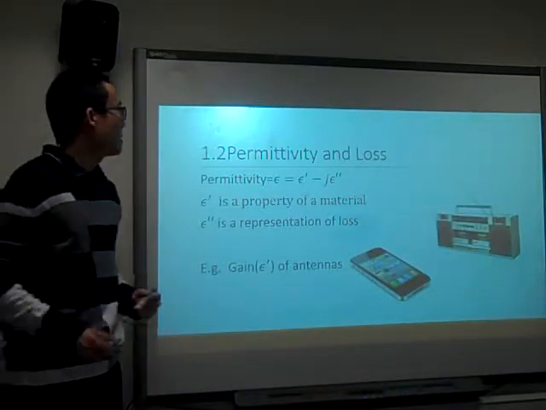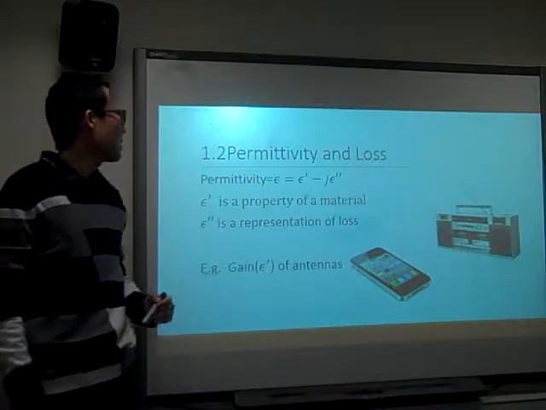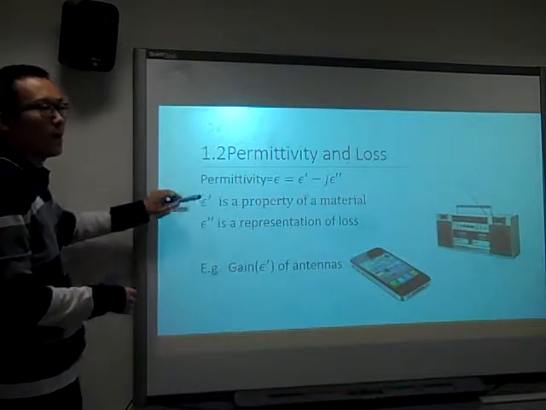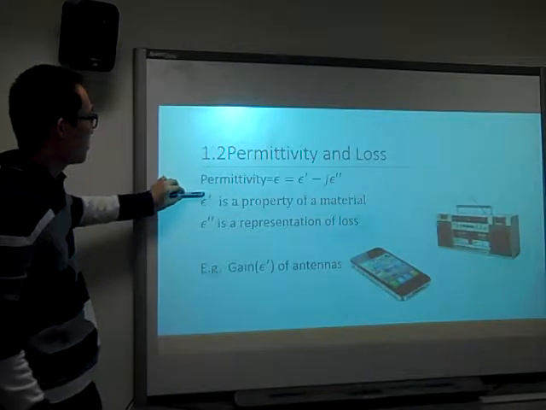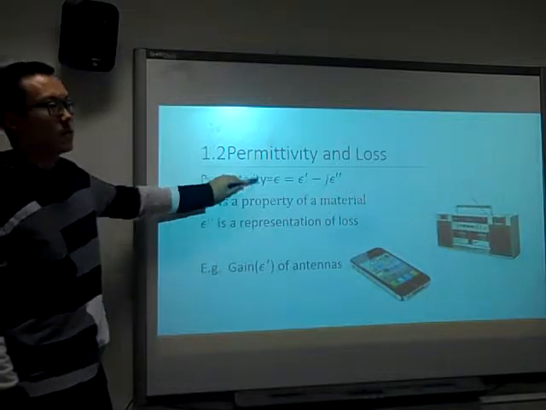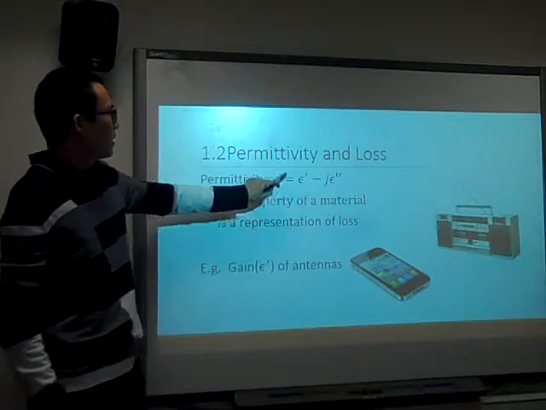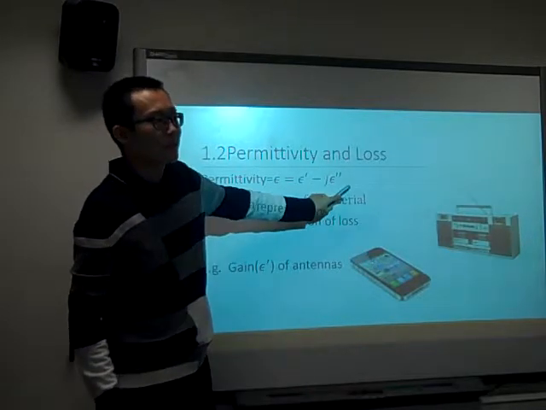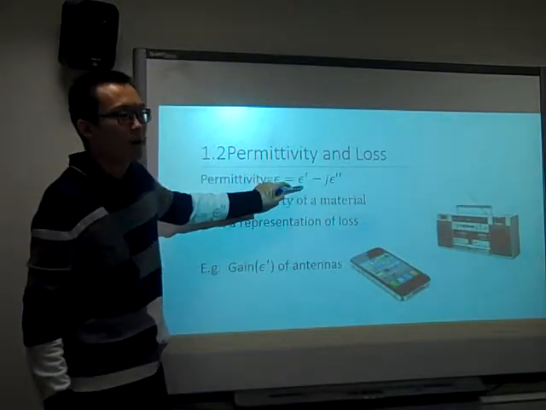Then let's give some explanation about permittivity and loss. So here I have to show you the equation. This equation is that permittivity, we call it epsilon, equals this and this. This is the real part. Do you know real part?